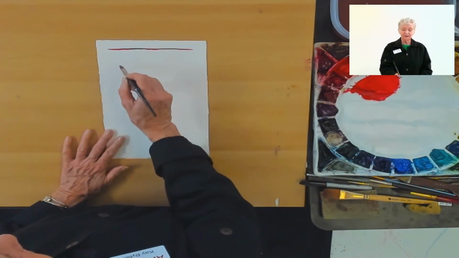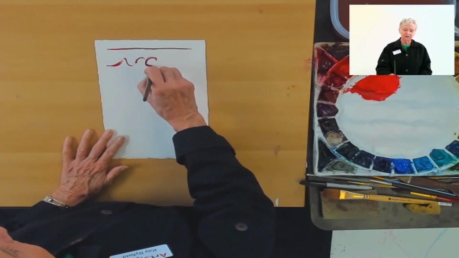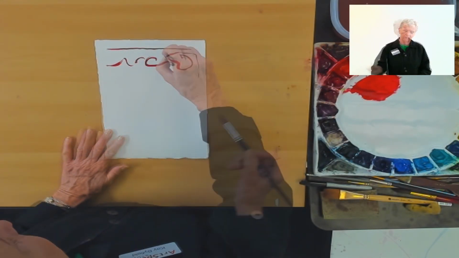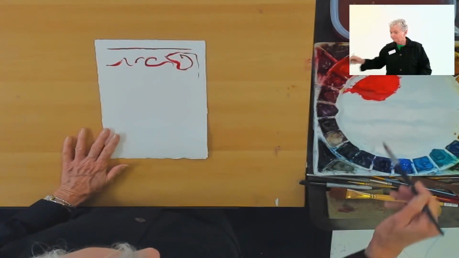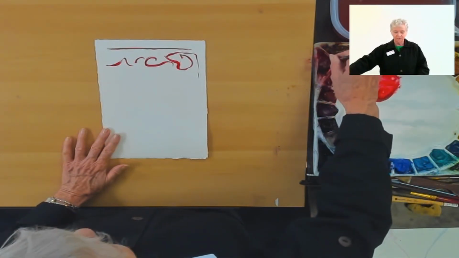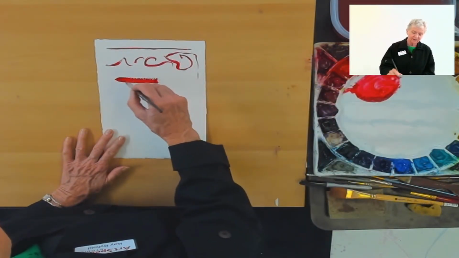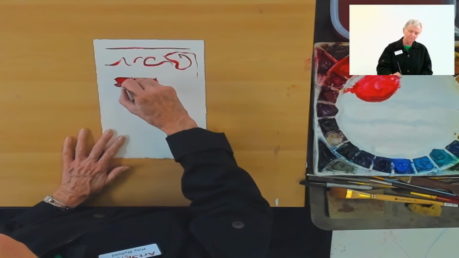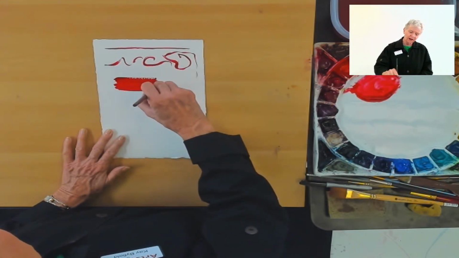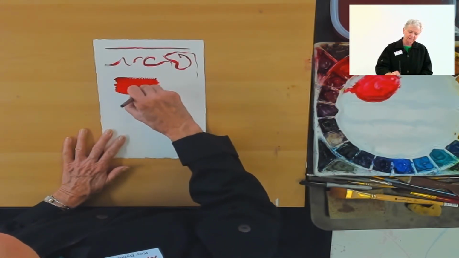Lines can be straight, lines can have curves, and lines can be very thin or very, very thick. But at some point, the line will become something else.